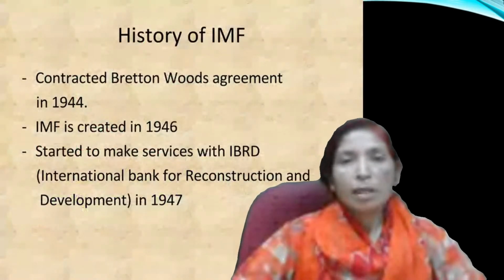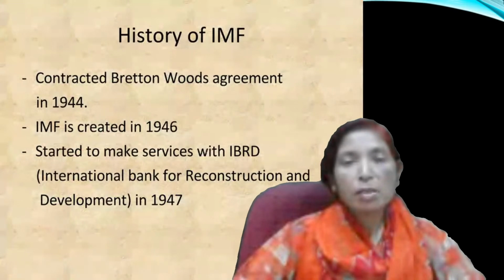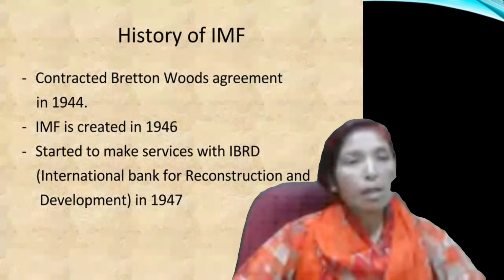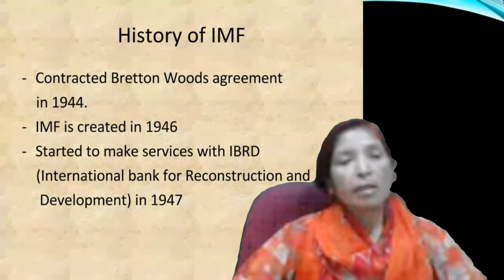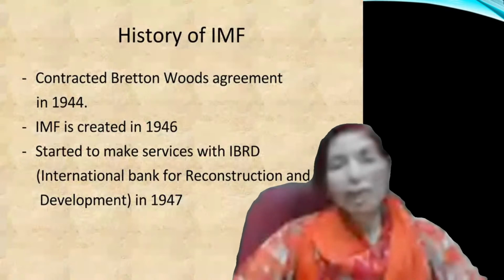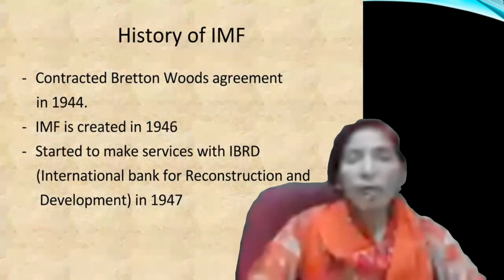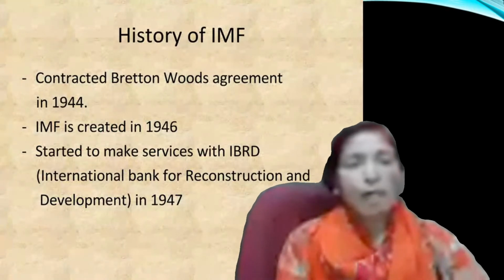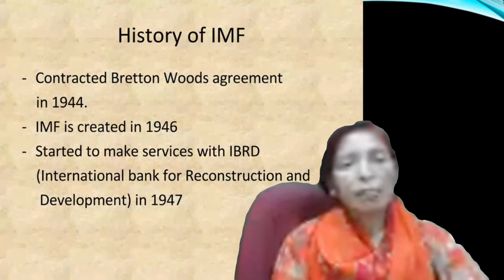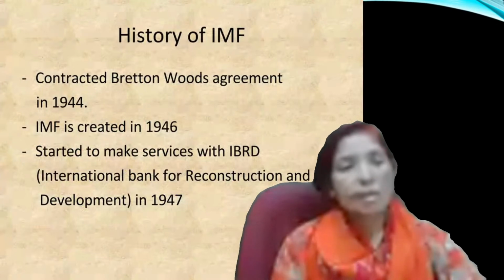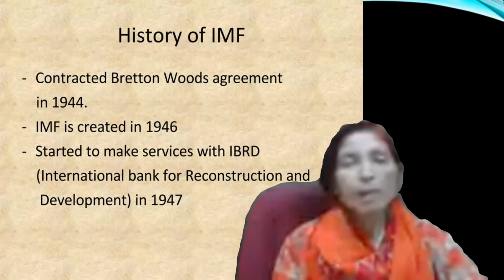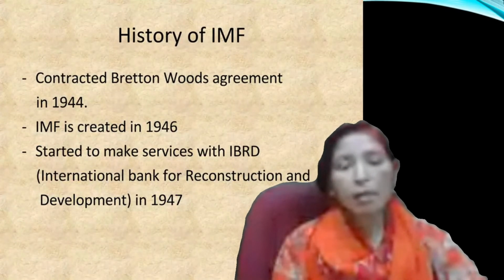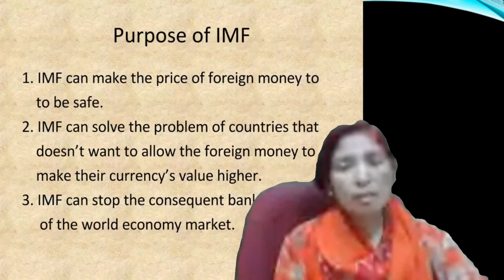You know that the International Monetary Fund is the main source of finance in the global market. Its history: the Bretton Woods Agreement was contracted in 1944, then the IMF was created in 1946. It started to provide services along with the IBRD, the International Bank for Reconstruction and Development, in 1947.